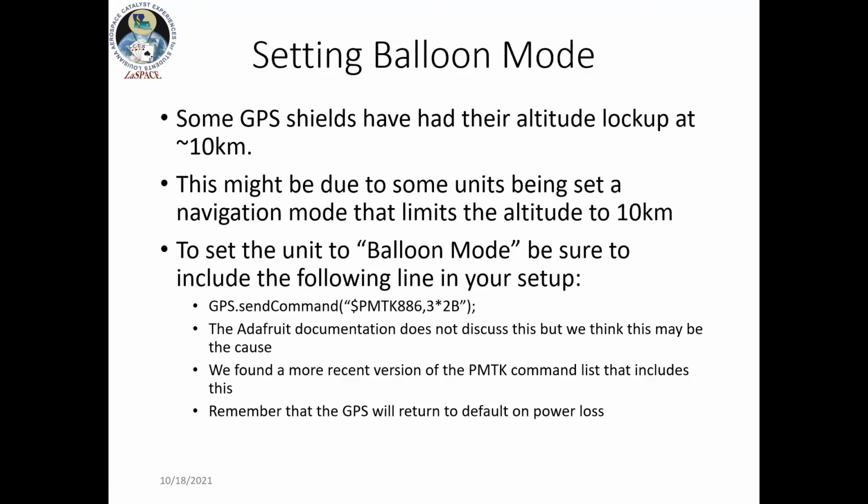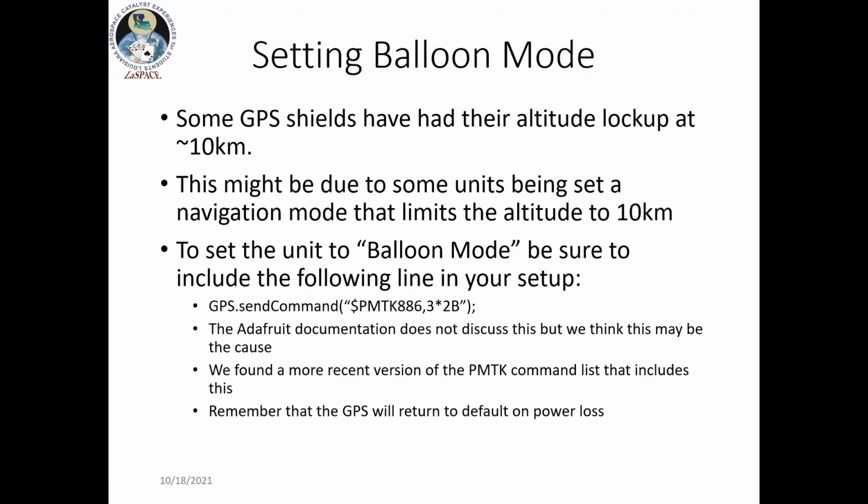The big difference we can tell in those modes is that all of the other modes have a maximum altitude of 10 kilometers, but this balloon mode has a maximum altitude of 80 kilometers, which is well above the height that we're going to fly to.